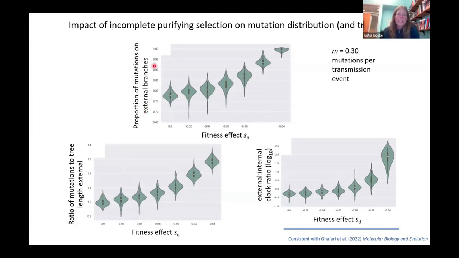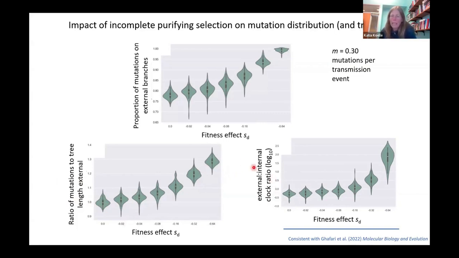And what we see here is, if we look at the proportion of mutations that are on external branches, we can see that there's an increase with an increase in the fitness effect. And this is at the low and realistic mutation rate. We can also see that the ratio of mutations to tree length that are external, which we expect to be 1, actually increases the higher the fitness effect.